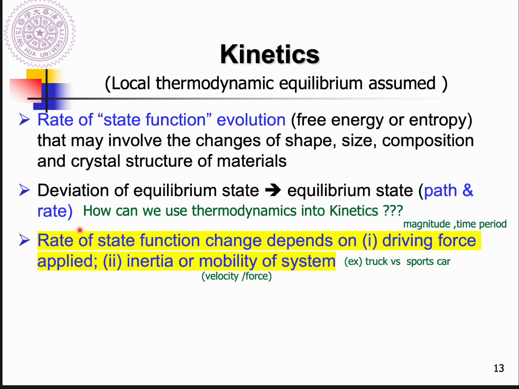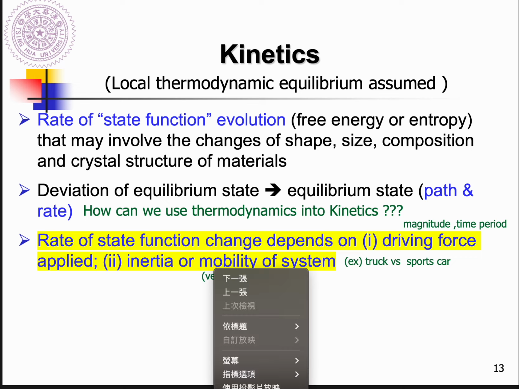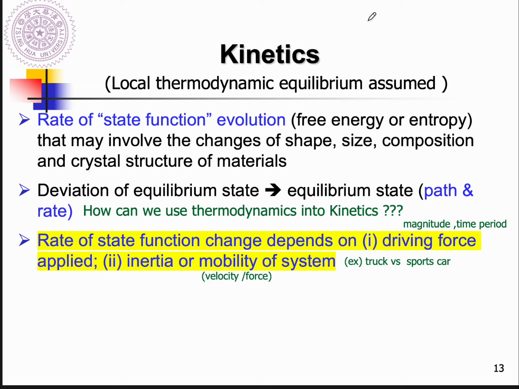So when you want to determine how fast a kinetic process is, you need to consider two parameters. The first is the driving force, and the second is the inertia or the mobility of the system. Let's take the other example we just mentioned on the previous slide.